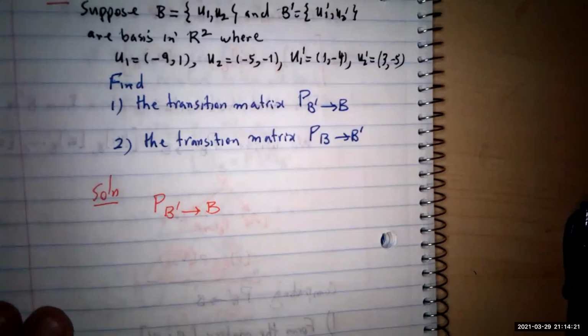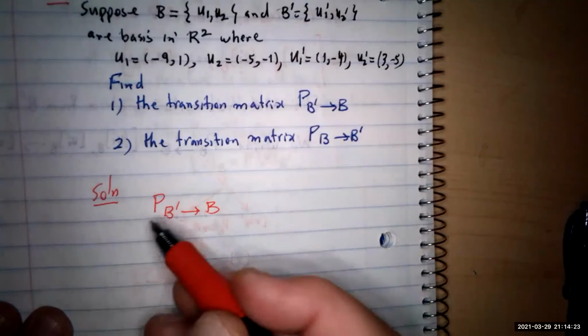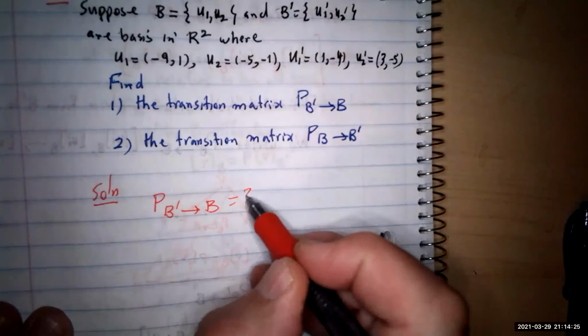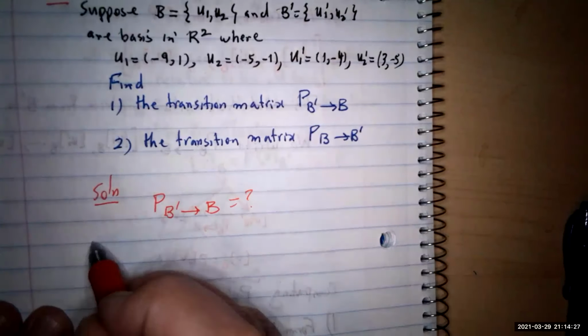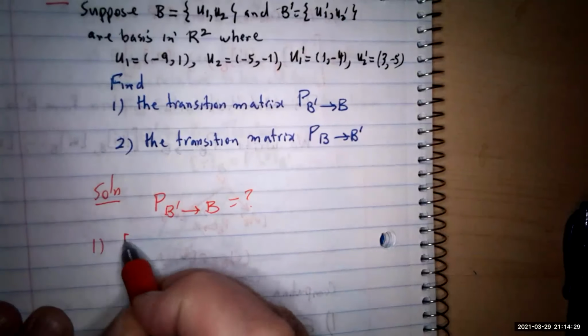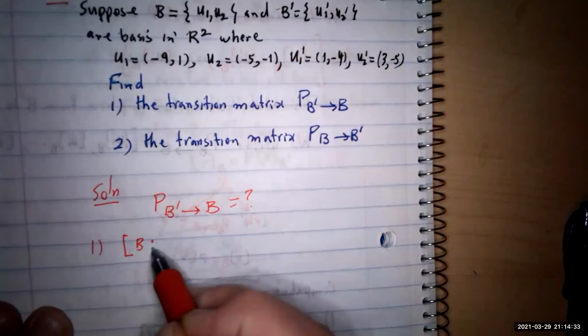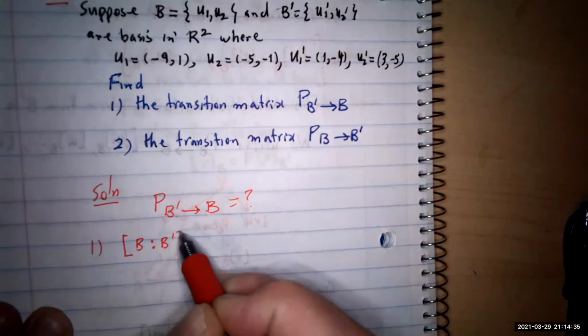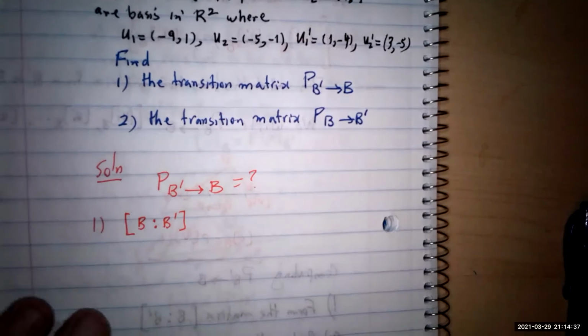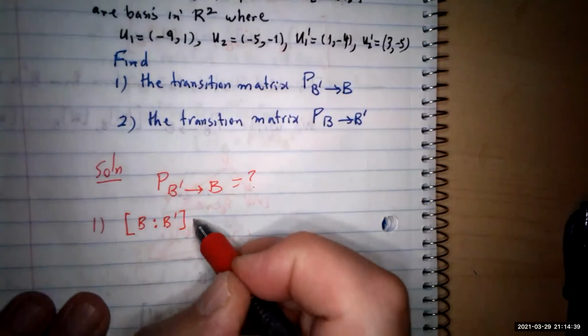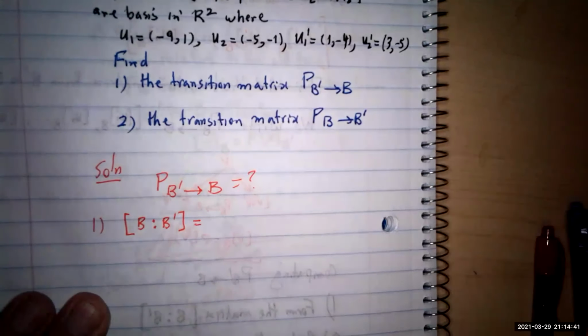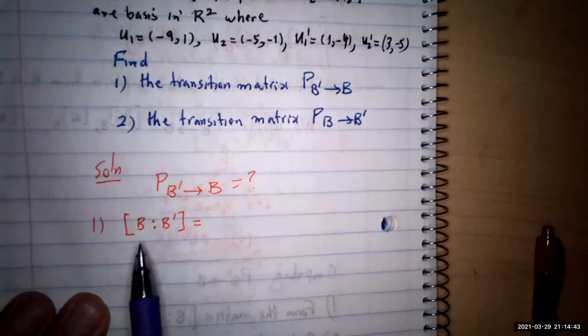Okay, switch it. So this is the question. Step one, you switch into B prime, B. You form the B prime and bring those matrices together.